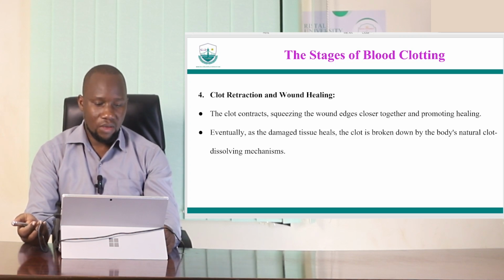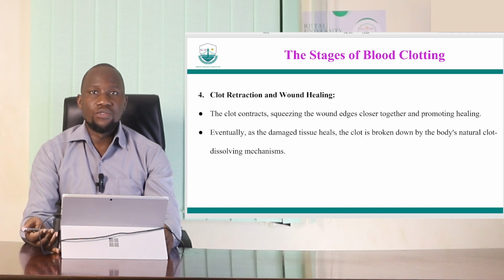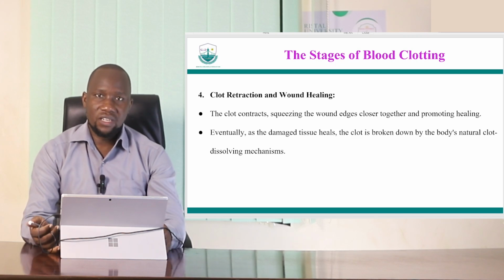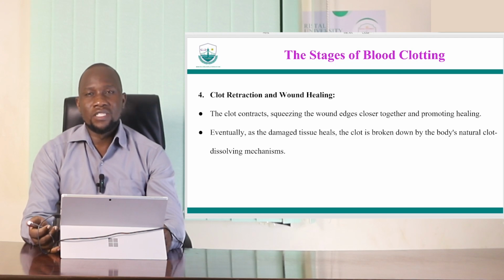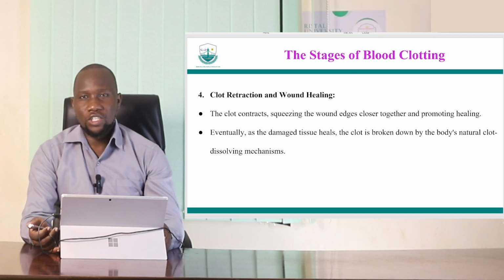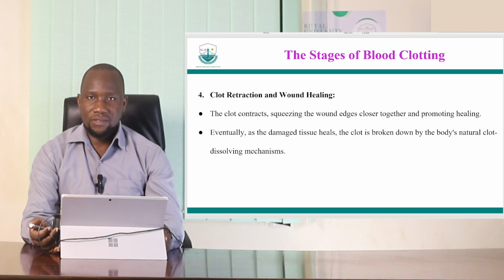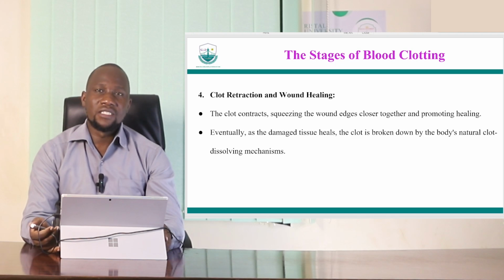Okay, so blood clotting is very important because it prevents bleeding, and then secondly it prevents entry of pathogens into the wound, but also the last point is that it lays the foundation for healing to happen. Okay, and we have said that there are several factors that are involved.